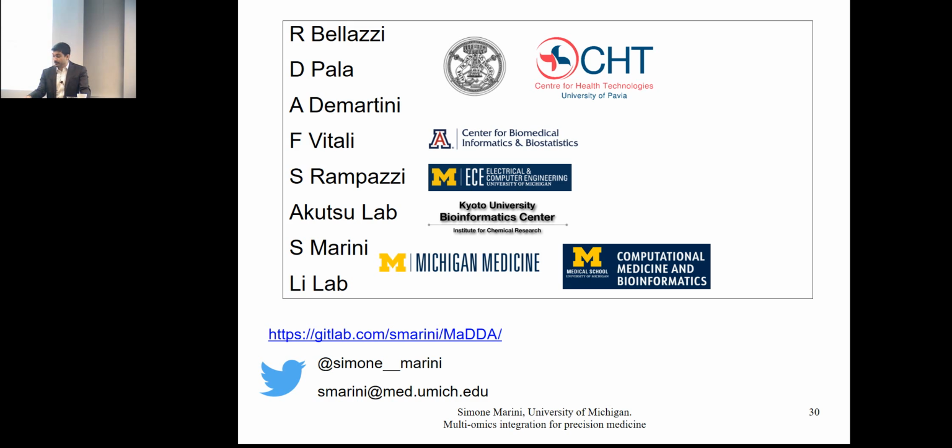But again, I don't want to be misunderstood. For example, for the patient similarity one, we used a specific method to define the size of the latent features that is based on the rank of the blocks divided by a number which is related to the non-zero elements, so the sparseness.